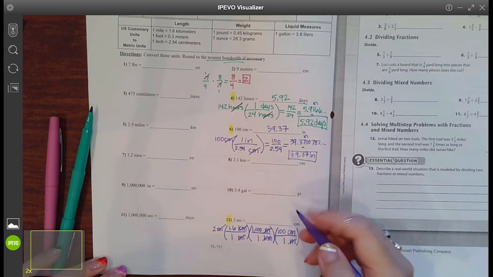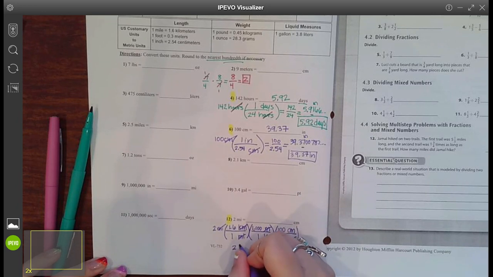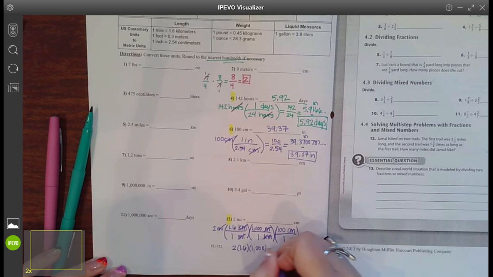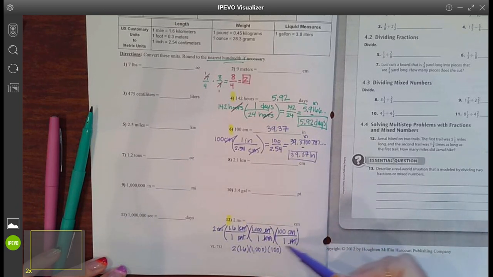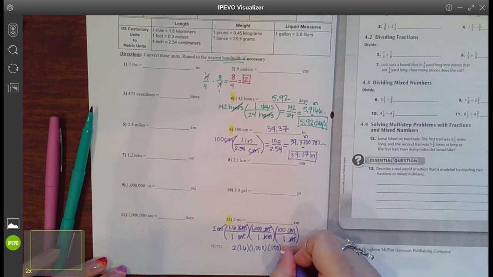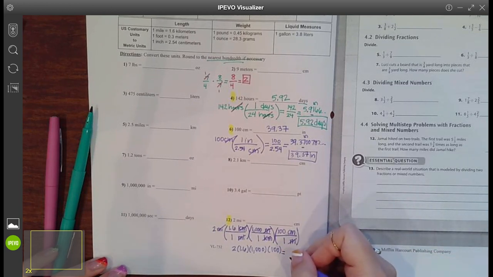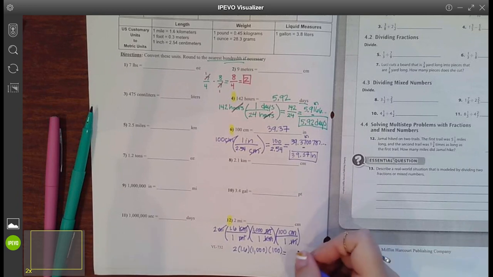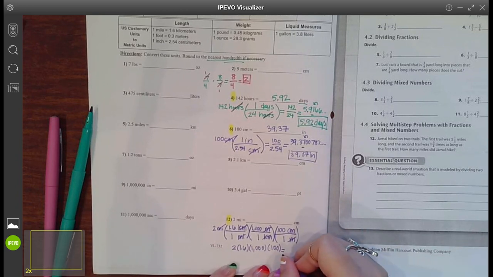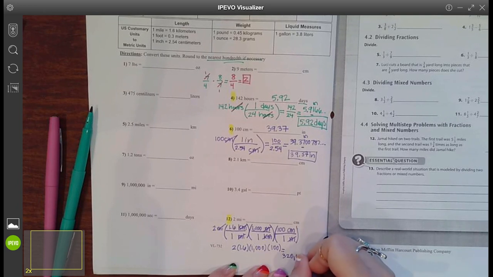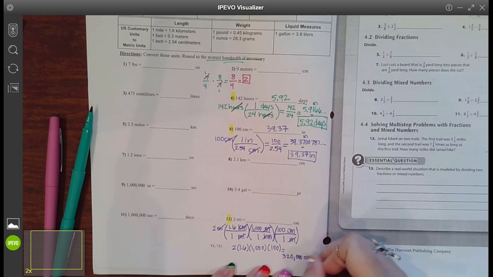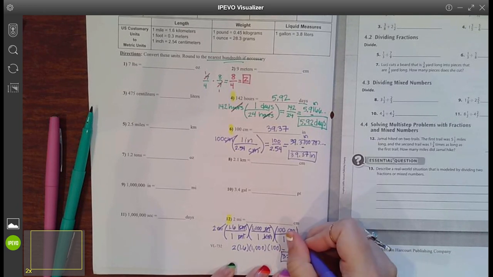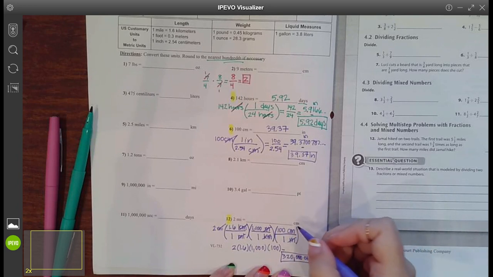Okay, now all the numbers on top get multiplied. So 2 times 1.6 times 1,000 times 100. All the numbers on the bottom would get divided, and essentially they're just 1. So I'm just going to multiply all these numbers. So go ahead and type those into your calculator. Okay, and once you typed those into your calculator, hopefully you got 320,000 centimeters because that's the unit we were left with, and that's the unit I wanted to end with.